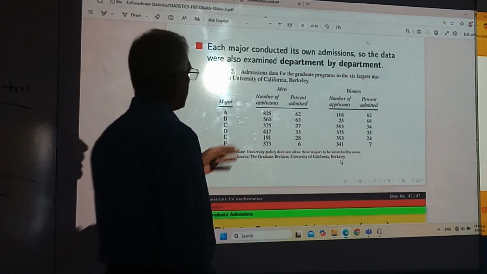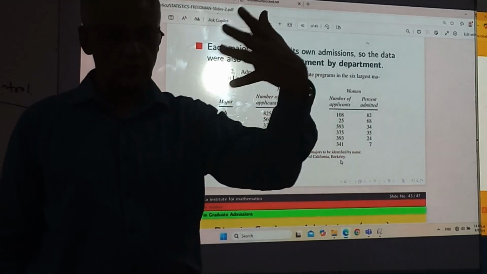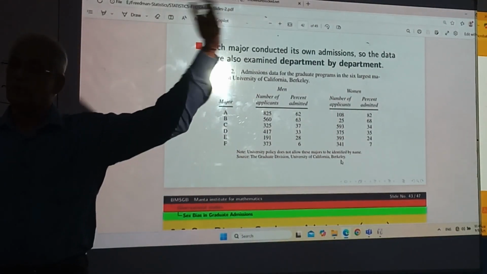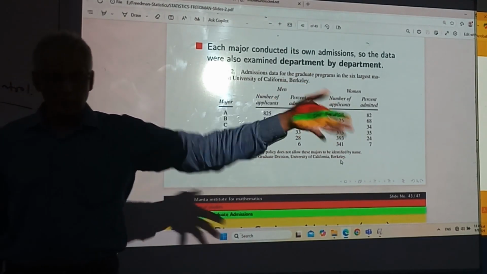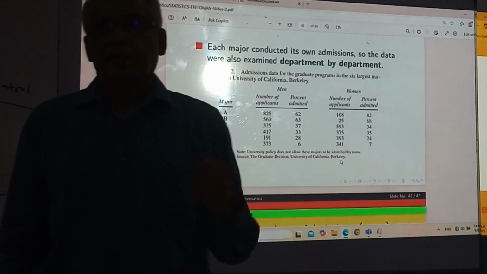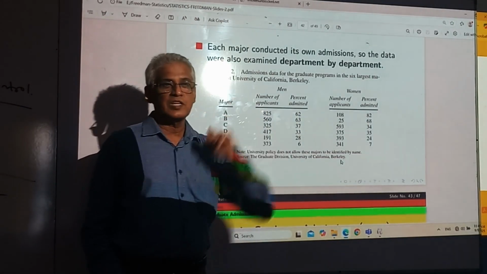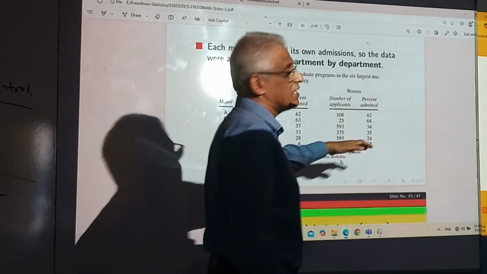If you did the analysis like that, your conclusion would be completely different from what it was earlier. Earlier they were saying that females were discriminated against. Now you would say that even in some departments, males are discriminated against. And in some departments there was no discrimination at all.